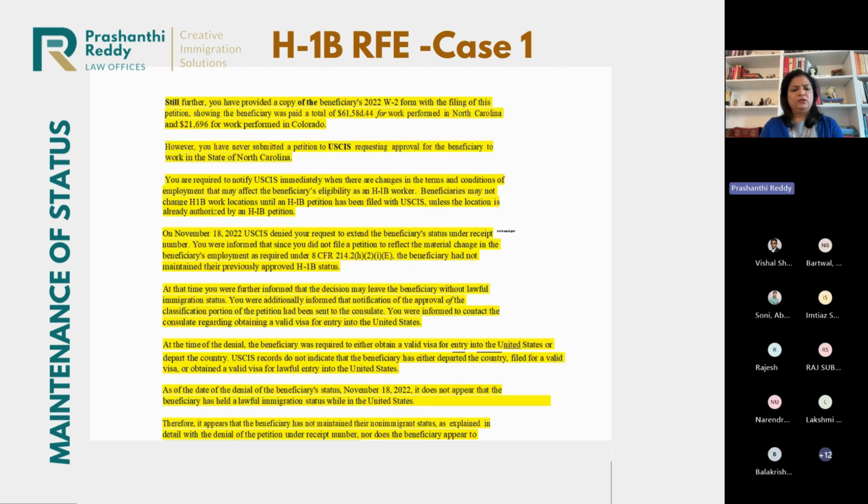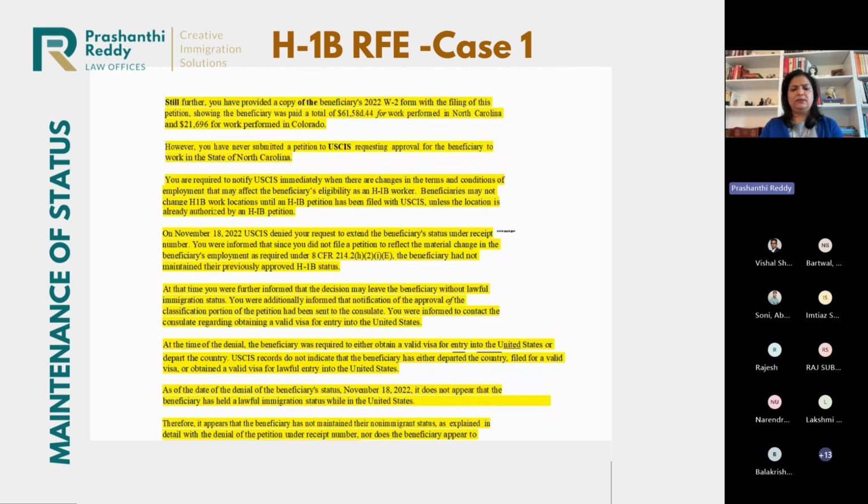Now at the time of the denial, the beneficiary was required to obtain a valid visa and leave the country and come back into the United States. That's what they're saying, but the records don't show that anybody has left.